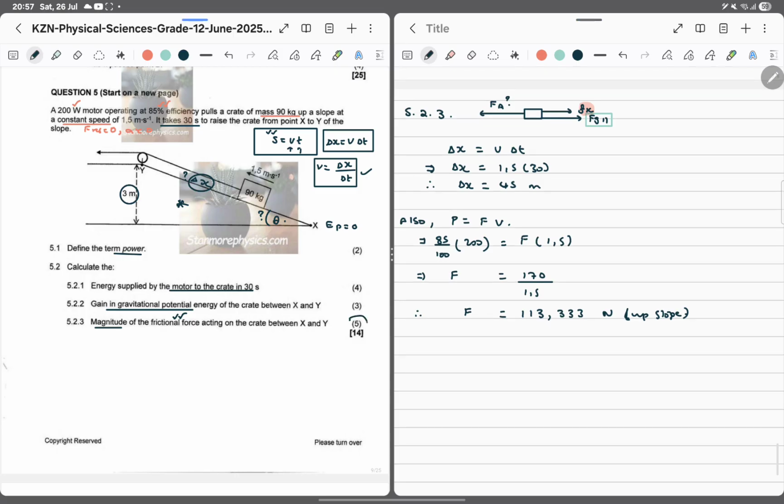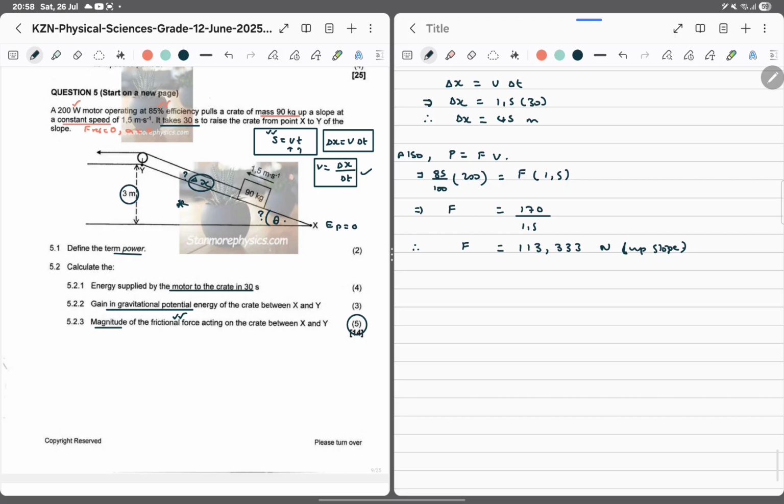Wow, for 5 marks, guys, 3 steps, really? Then we can use our friend. So this is going to be F minus the sum of FG parallel plus FK is equal to MA, right?